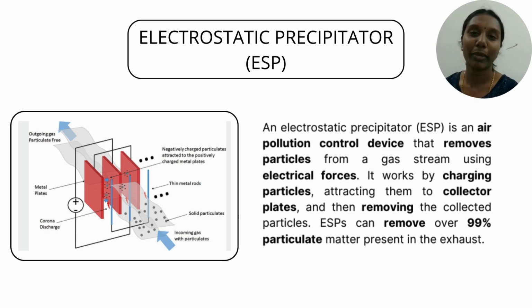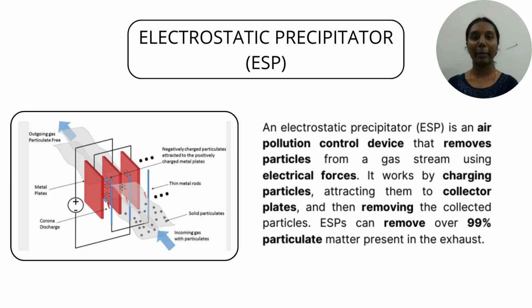There are a lot of methods to form a healthy environment, but I'm going to explain about electrostatic precipitator, commonly known as ESP. ESP is an advanced device used to remove fine particles such as dust and ash from flue gas during power generation before it's released into the atmosphere.